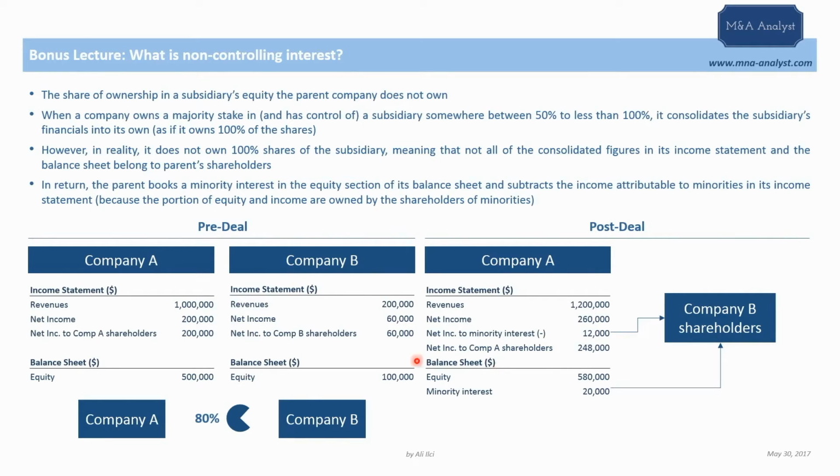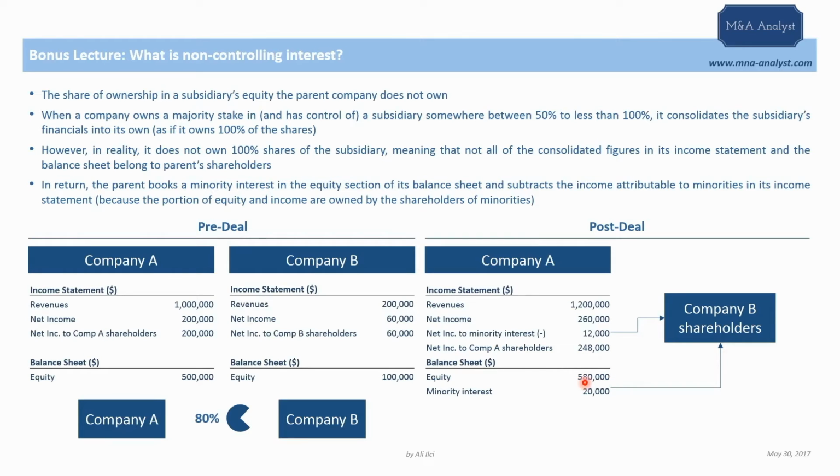And in the balance sheet section, we now have equity. We simply multiply 80% by the $100,000 equity of company B and add it to the $500,000 of equity of company A, which gives us an equity of company A of $580,000.